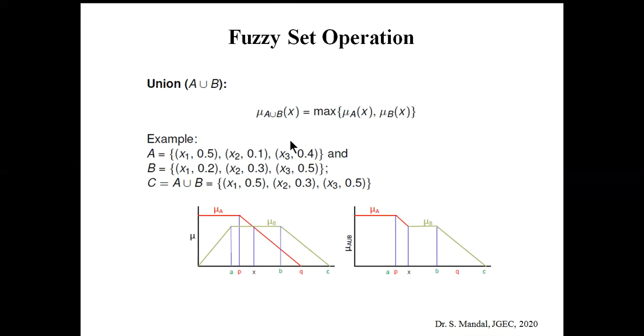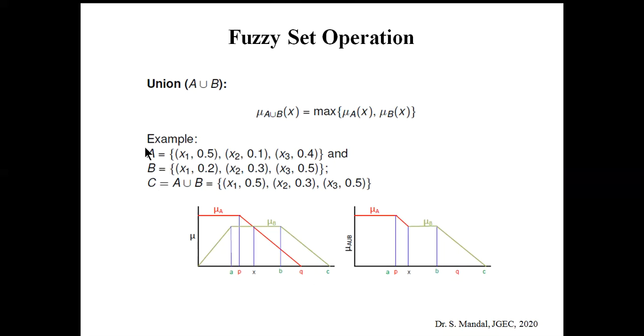Now, if we perform the operation A union B, in that scenario, we can write that mu A union B of x equals the maximum of mu A x comma mu B x.